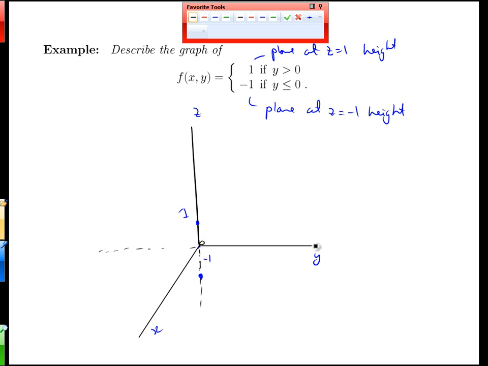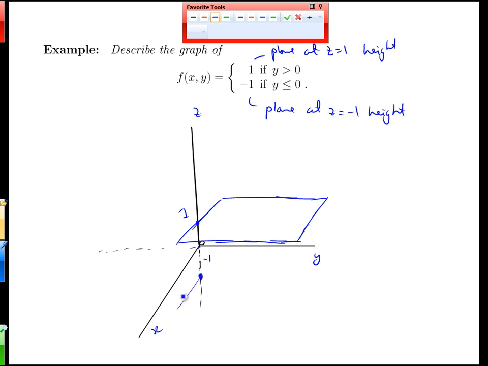So when y is positive, we get the value 1. And so that means, I'll try to draw it this way this time. Here we go. And again, drawing a plane is a matter of interpretation here. Try to draw it in perspective to give that three-dimensional sense, but sometimes it's hard to convey with such straight lines. But here's a plane at height 1, which would go on forever in these 3 directions here.